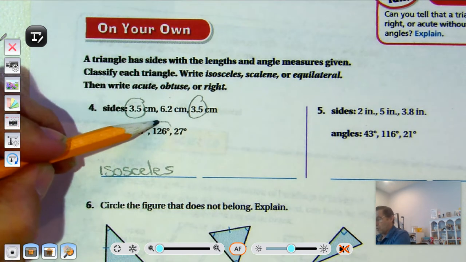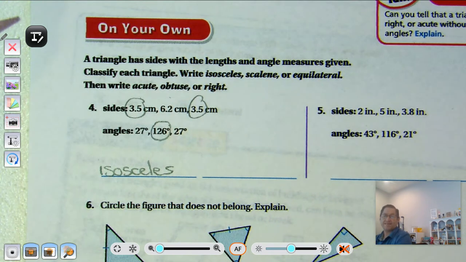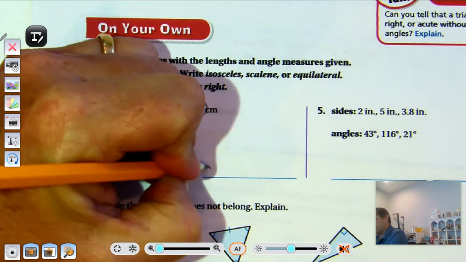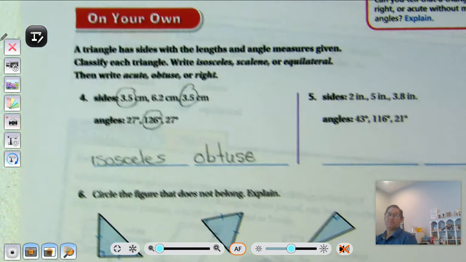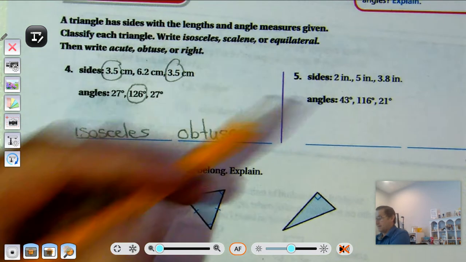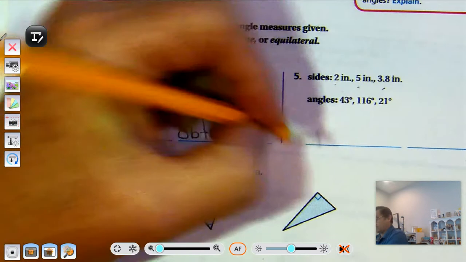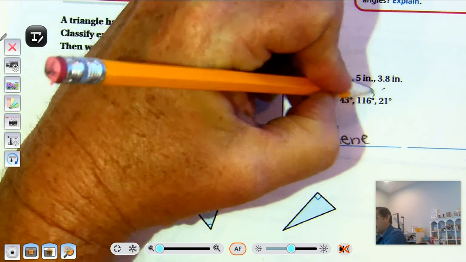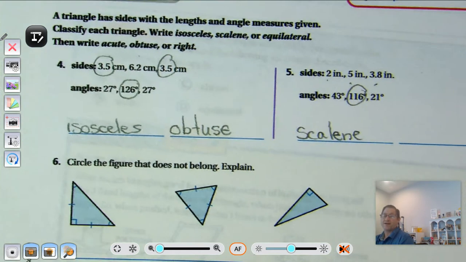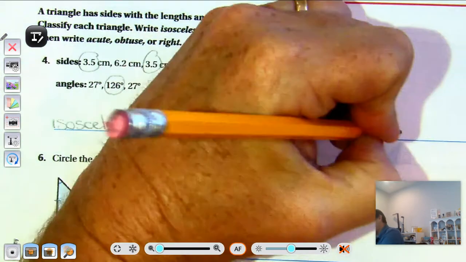And we have one angle that's greater than 90, but less than 180. So obtuse. Number 5, none of the sides are equal. So that's scalene. And again, I have one angle that's greater than 90, but less than 180. Obtuse.